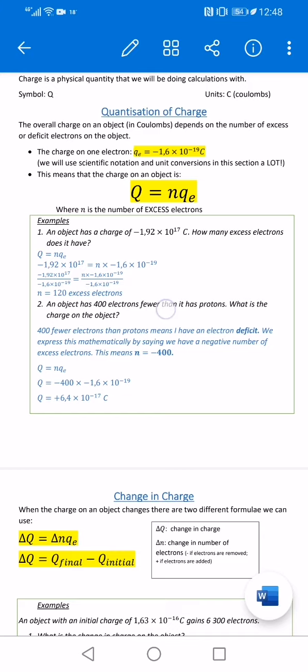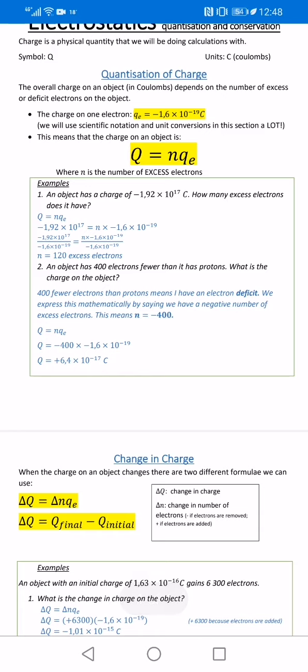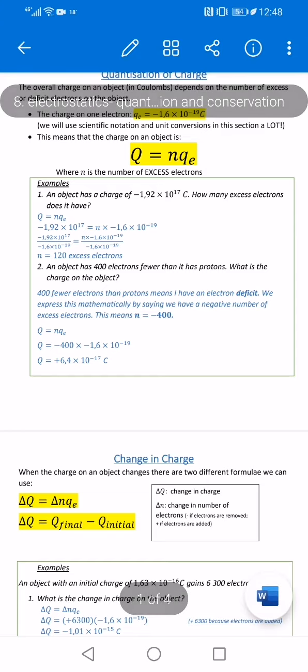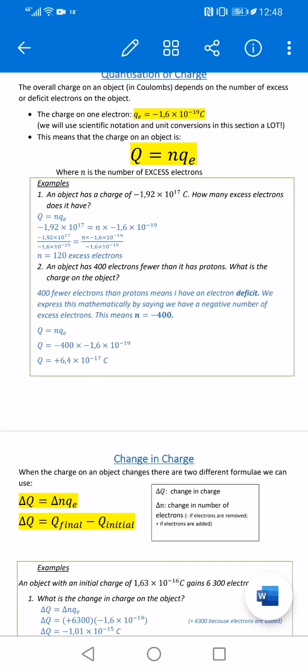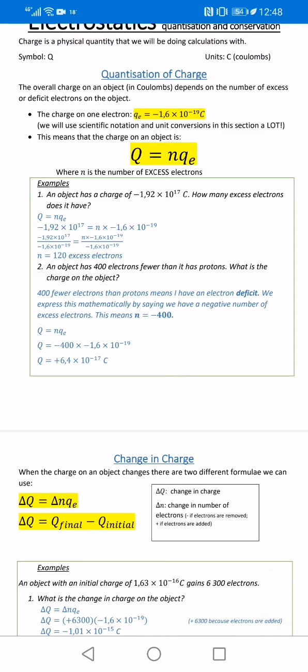Okay. So a little example here, we've got an object with a charge of negative 1,92 times 10 to the 17, and we want to know how many excess electrons our object has. Now it makes sense that our object would have excess electrons because the charge is negative. Okay, so that means I've got too many electrons. Now to determine how many excess electrons we've got, we can use our formula there. And remember, you always write your formula first, it's worth a mark.